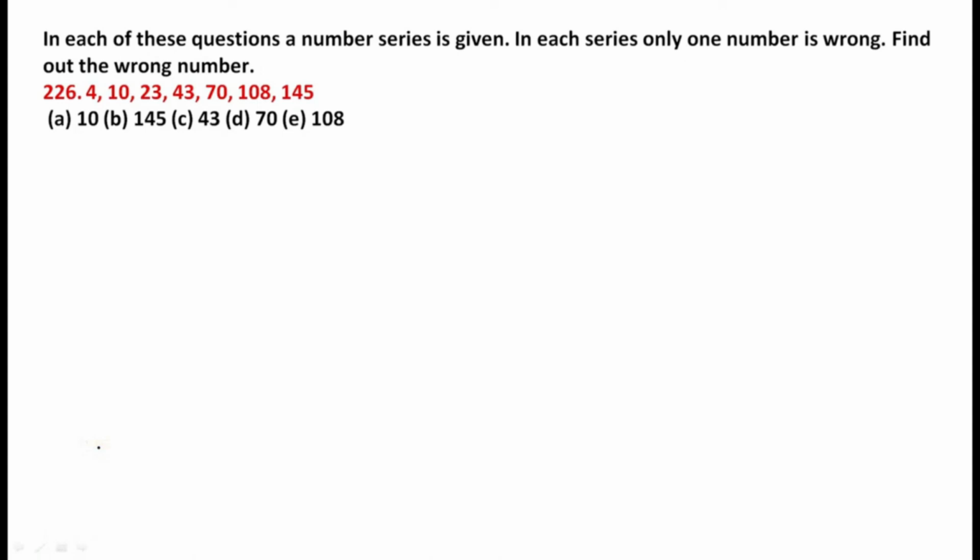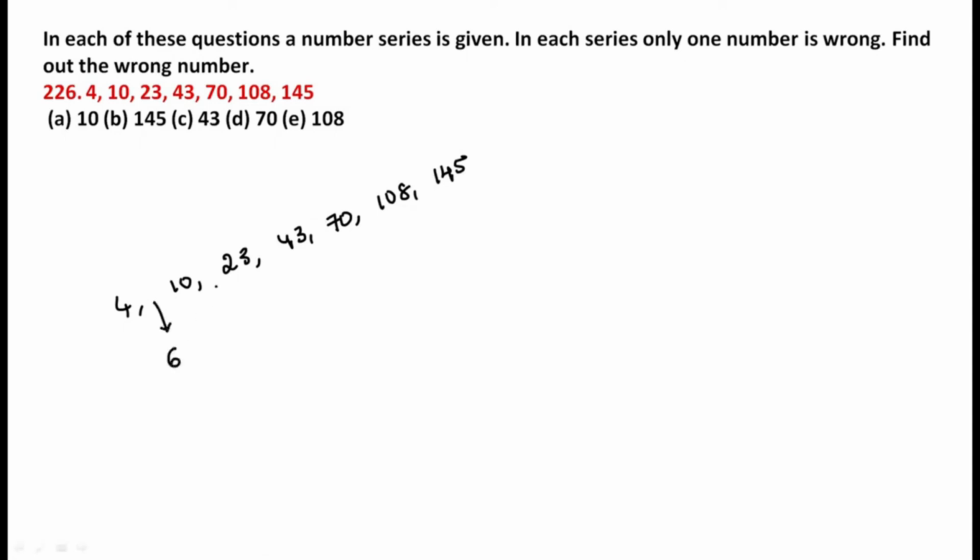We already discussed in the earlier session: if numbers suddenly increase, you have to identify your result through multiplication. Otherwise, find the difference. See, the numbers 4, 10, 23, 43, 70, 108, and 145. If all the numbers are near each other, just identify the difference.